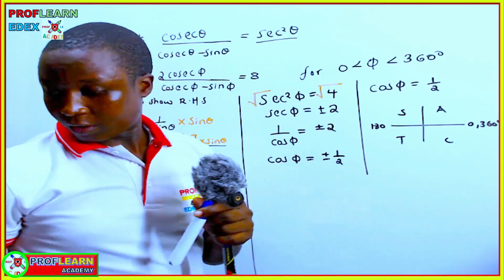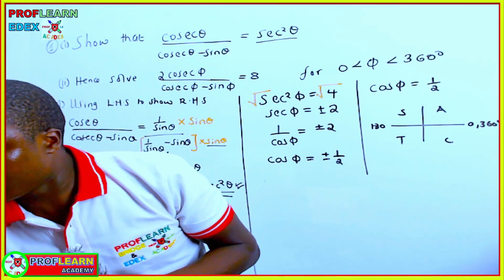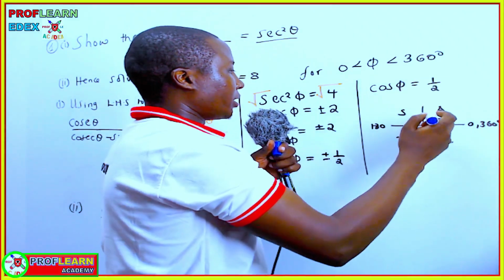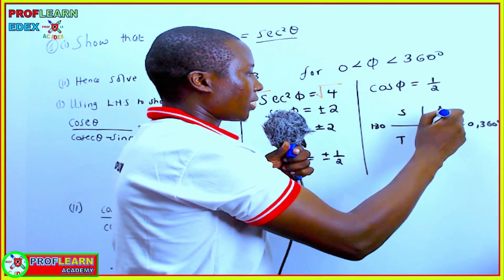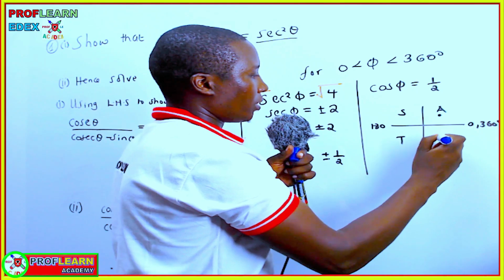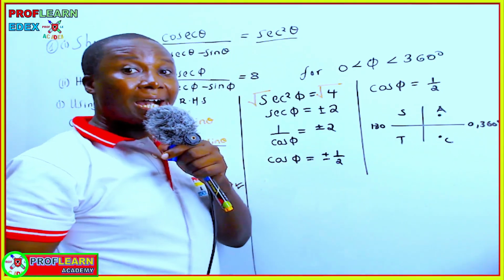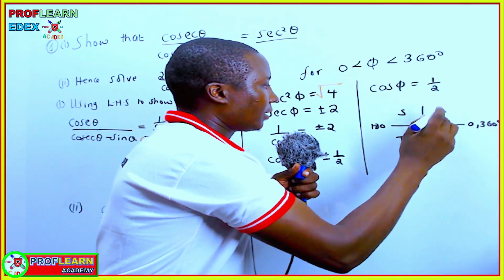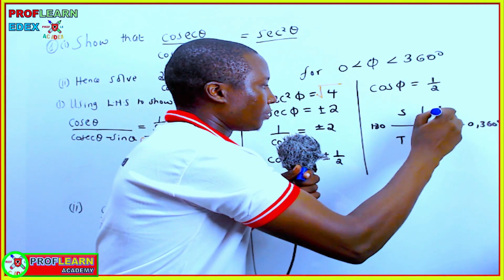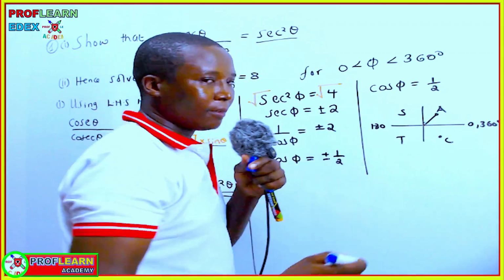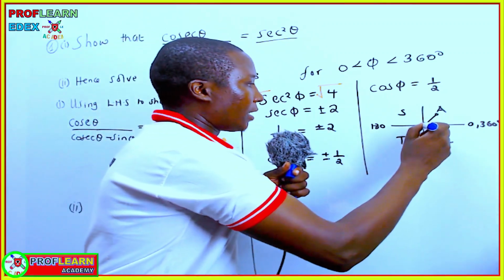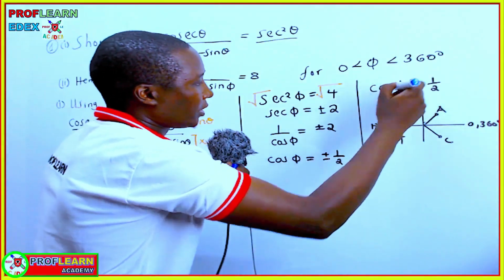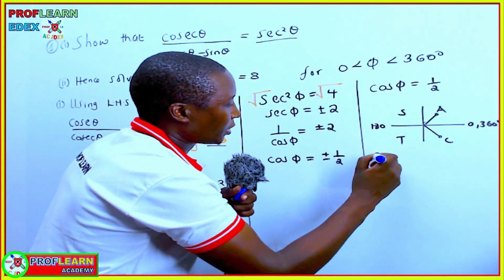Our angle is going to be where cosine is positive. Cosine is positive in the first quadrant and in the fourth quadrant. So we can join a line at that given point, and another angle will be down here.